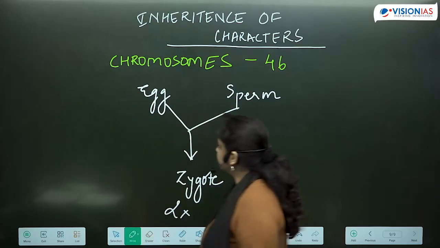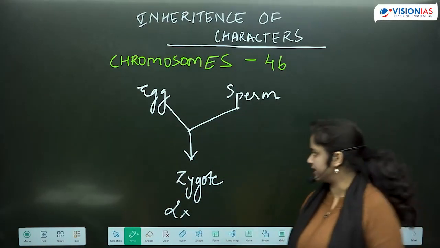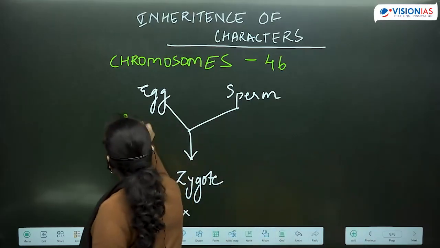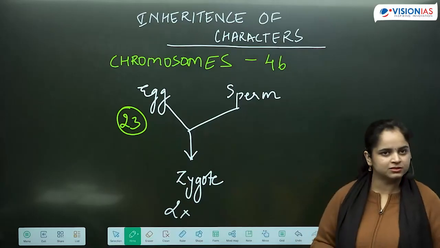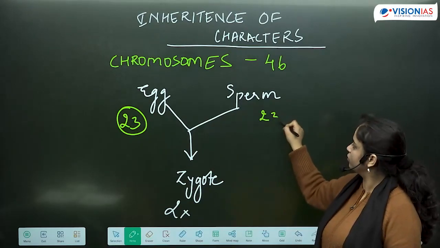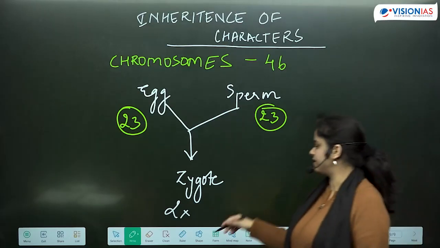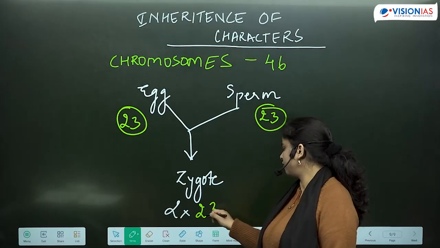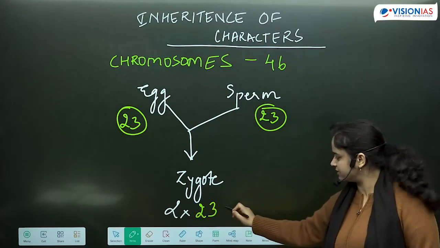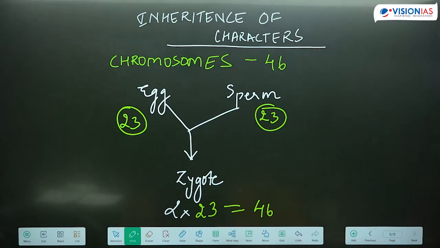And that is that instead of 46, the egg has 23 chromosomes and the sperm also has 23. So that when they fuse, instead of 46, it's going to be twice of 23, which is going to be 46.